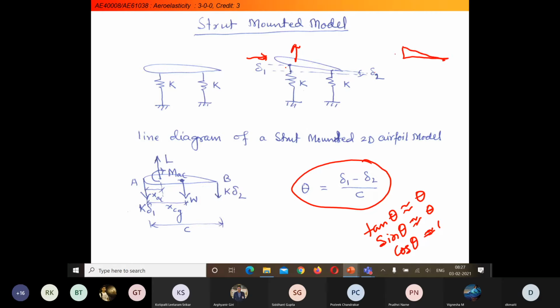This is delta 1 minus delta 2, and this is length C. That will be tan theta equal to (delta 1 minus delta 2) by C, and we are approximating it as theta. So theta is equal to (delta 1 minus delta 2) by C. That is the value we are taking here, so you will be calculating this relation.